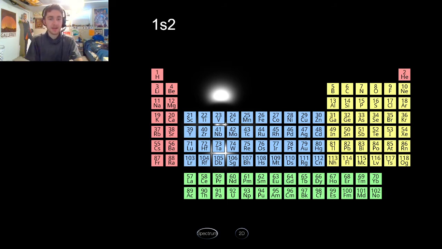1s2, and that second one will actually be a superscript, so exponent, but I can't really show that here, and I'm not really going to use the caret because I don't care to. So we're just going to use spaces to show. 1s2, that means helium. And then 2s2, beryllium.